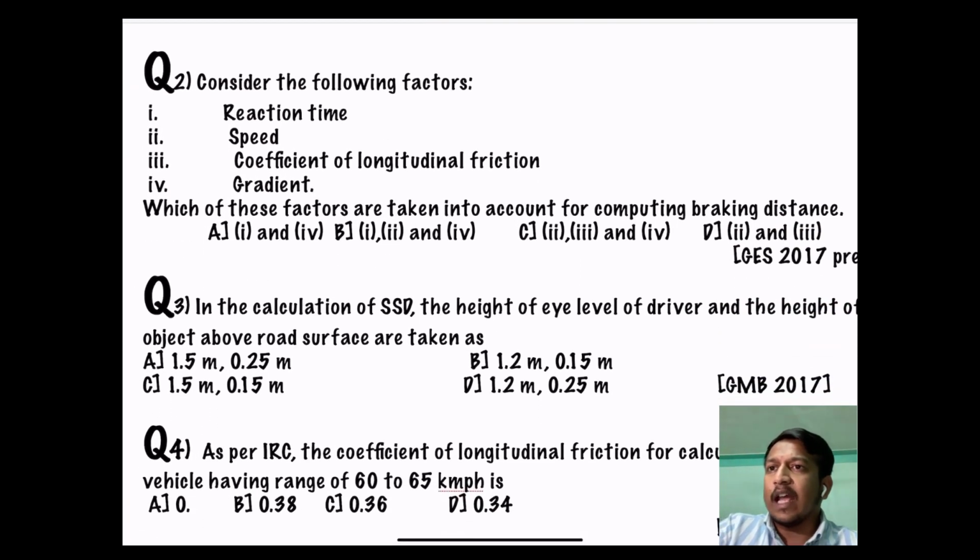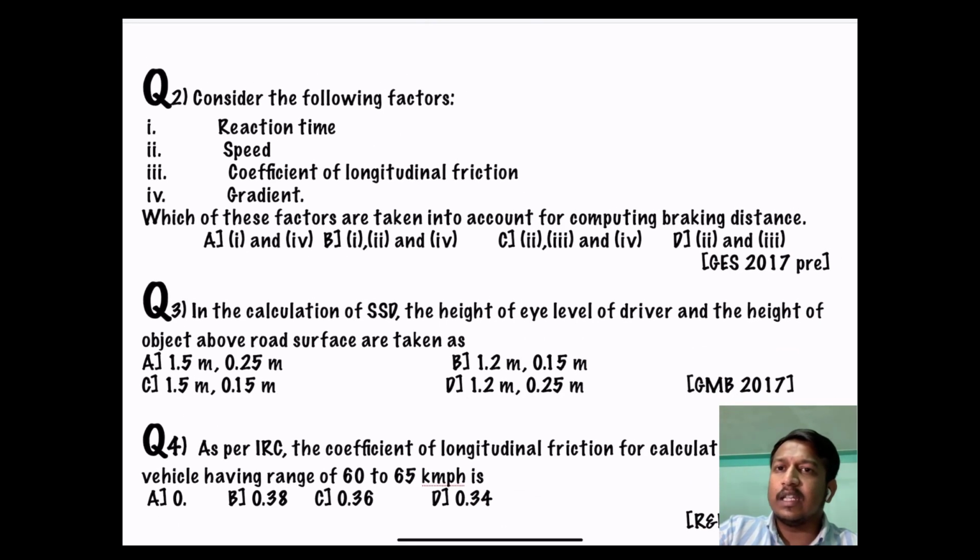The second question, which was asked in GES 2017 prelims: consider the following factors. They have given 4 factors. First is reaction time, second is speed, third is coefficient of longitudinal friction, and fourth is gradient. We can write D2 equal to V square divided by 2GF plus or minus tan theta. Which of these factors are taken into account for computing braking distance?